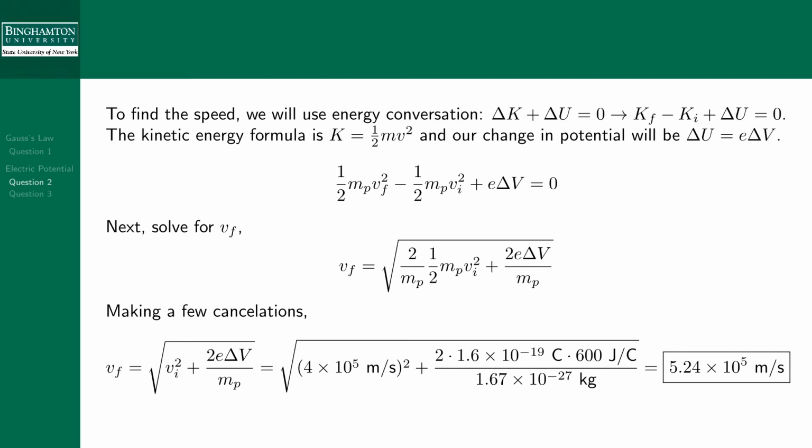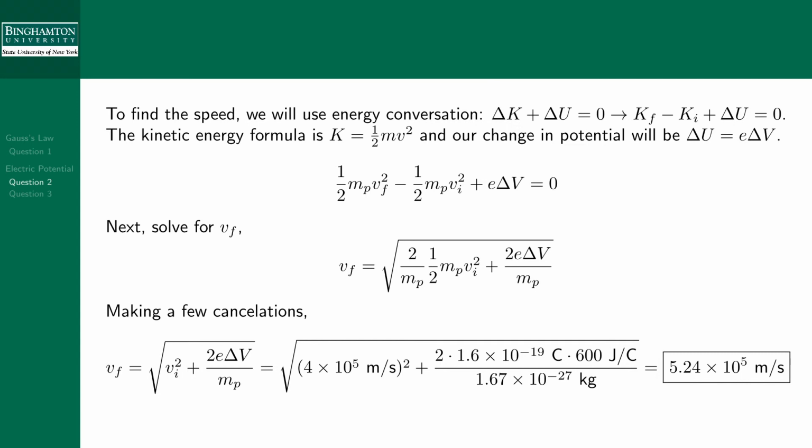Now, energy conservation tells us that the change in the kinetic energy plus the change in the potential energy will equal 0. In other words, the kinetic energy final minus kinetic energy initial will equal minus the change in our potential. Now, our kinetic energy formula is 1/2 mv squared, and our change in potential will be delta U equals e times delta V. So I plug in that information, and I want to solve for the final velocity.